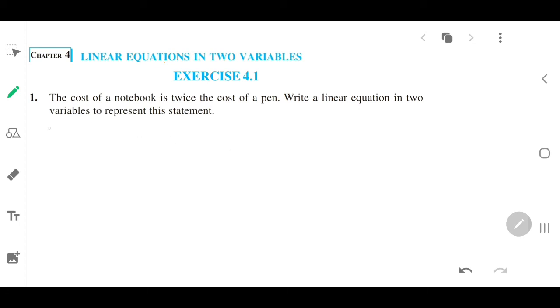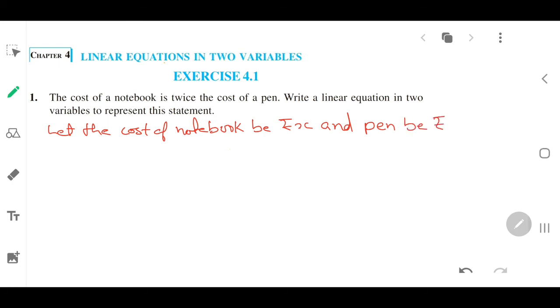So you can write here, let the cost of notebook be rupees X and the cost of pen be rupees Y. Okay.